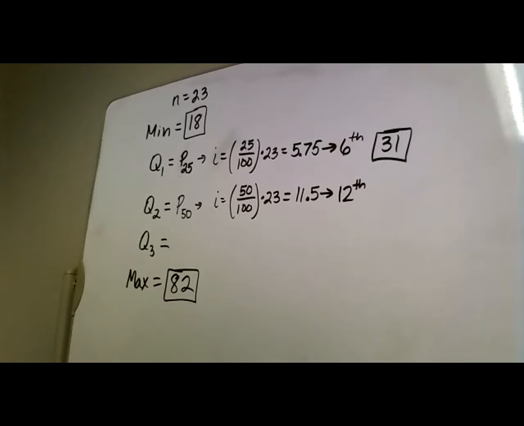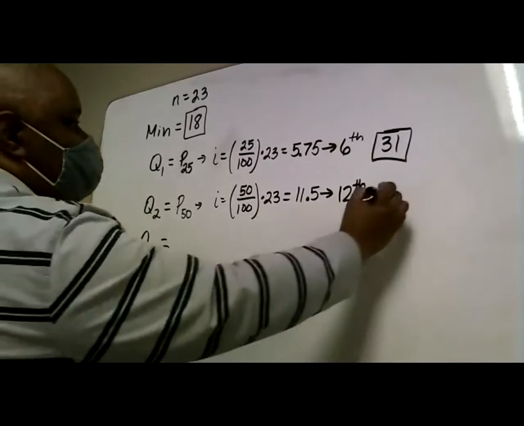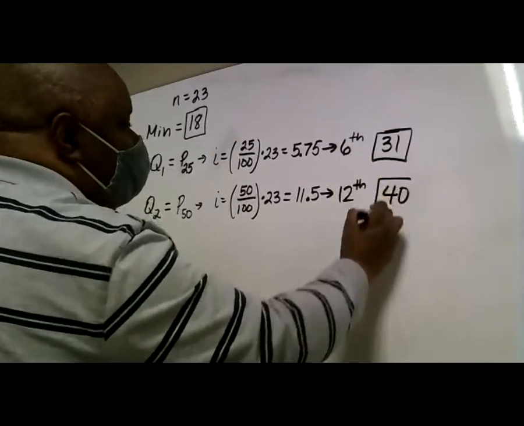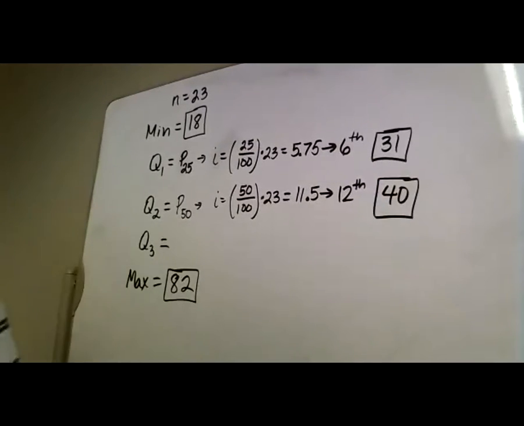So we look for the 12th number in that data set, which is 40, because the first row has 10, then the 11th, then the 12th, that will be 40. So 40 is the number that represents the 50th percentile, or the median of this entire data set.